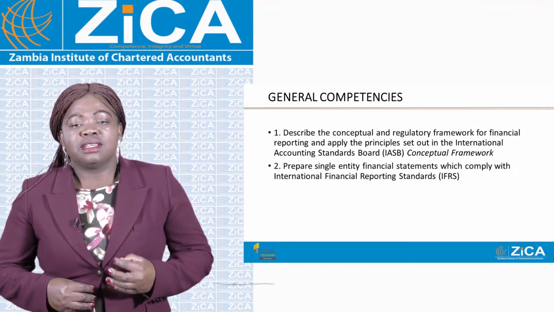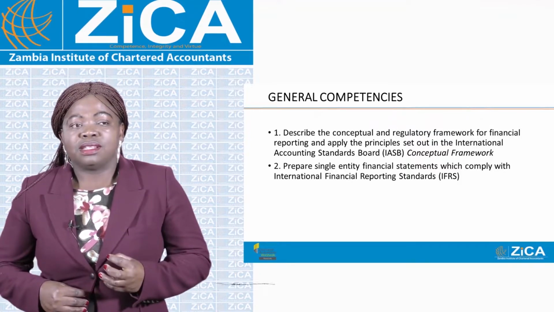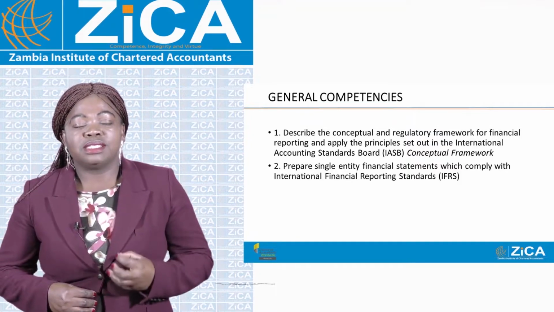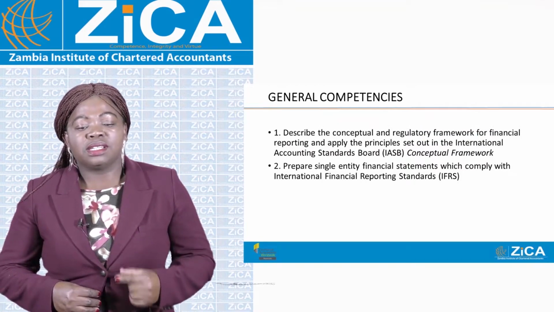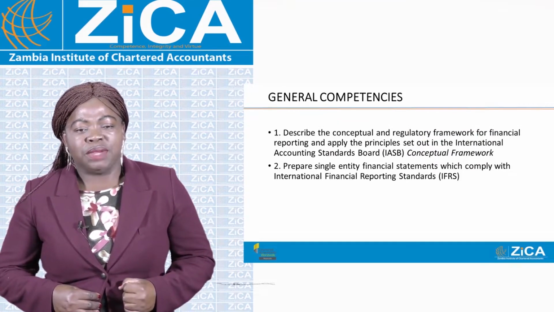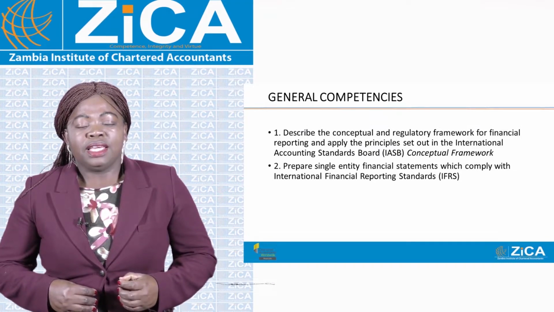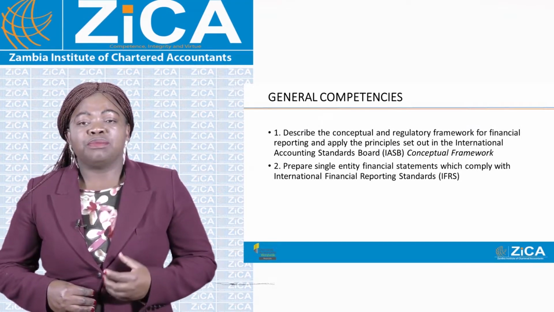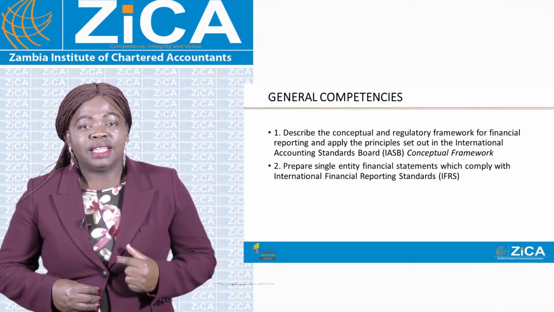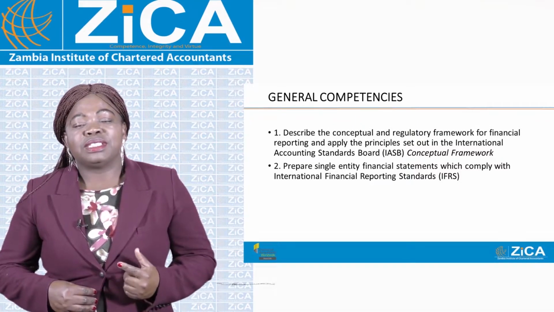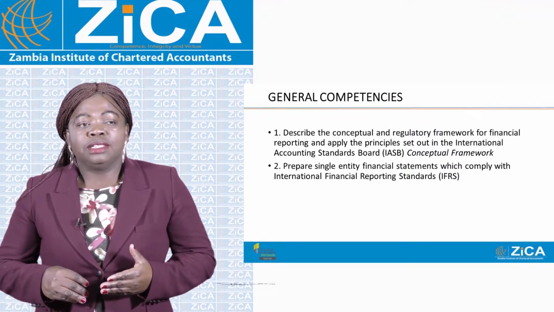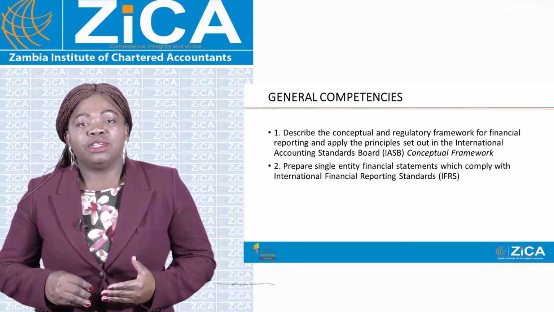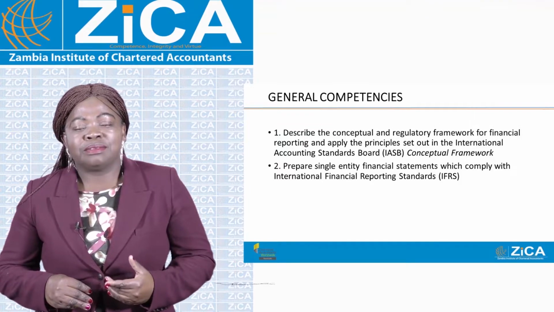In fact, if there's a question that would have the lowest marks from the students, it is any question on single entity financial statements. Why is it so? It has been observed over time that candidates that sit for this paper do not go deeper to understanding the individual accounting standards.